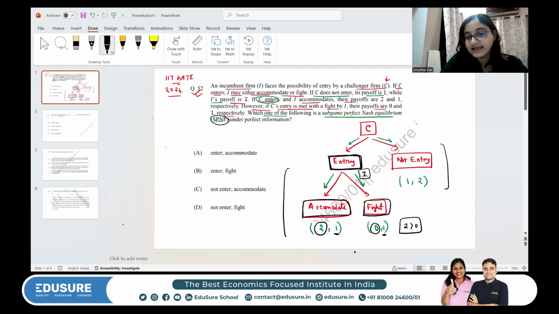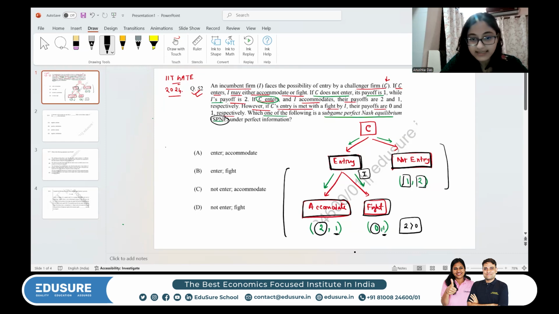Now let us take this case when the challenger firm does not enter into the market. When the challenger firm does not enter into the market, from the challenger firm's point of view, the profit will be 1. The payoff is 1. But from the incumbent's point of view, the profit is 2. So what is best for both the players?